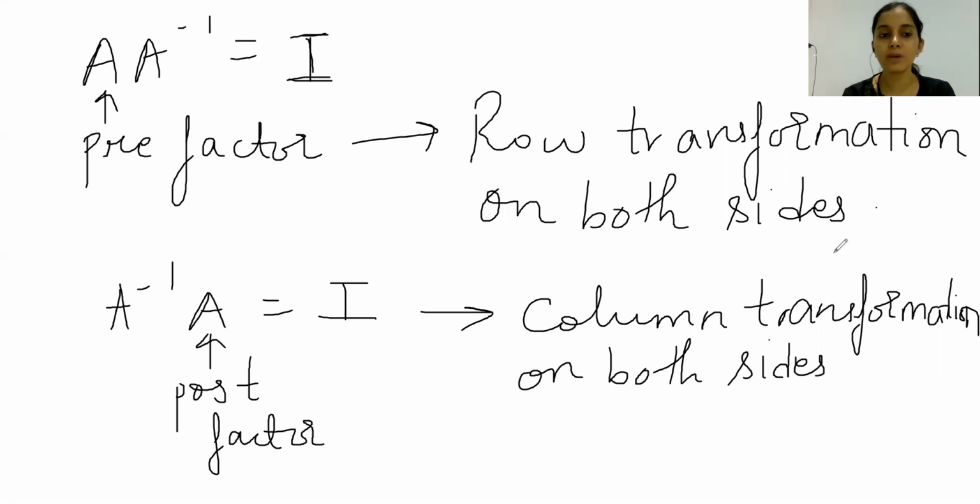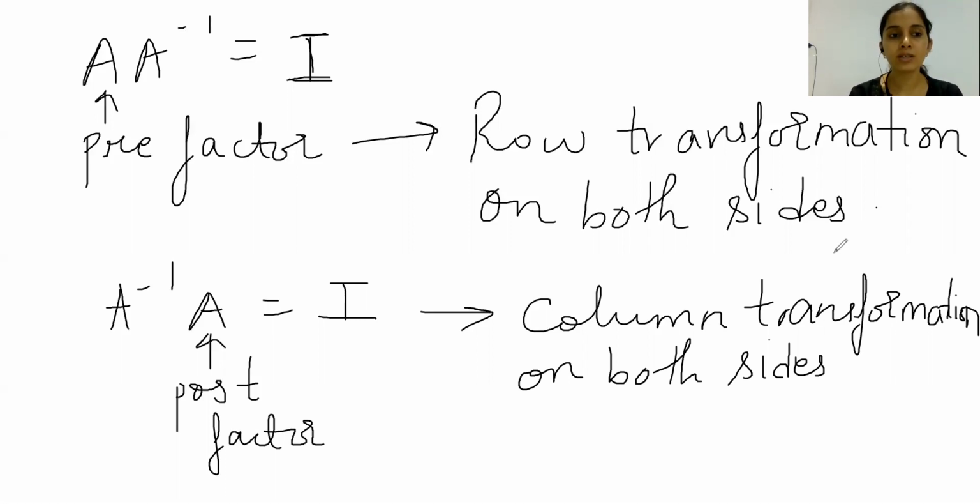Normally they will mention in the sum, apply row transformations and find the inverse, or apply column transformations and find the inverse. If they have not mentioned, then check the relation that they have given to you. If they have given A inverse equal to I, that means A has become the prefactor, and we will apply row transformations on both sides.